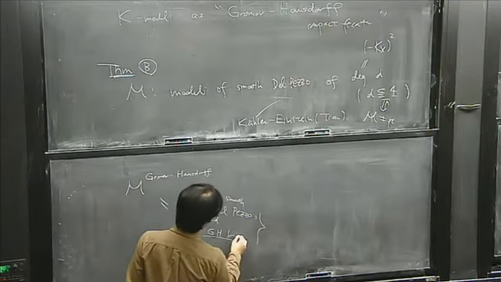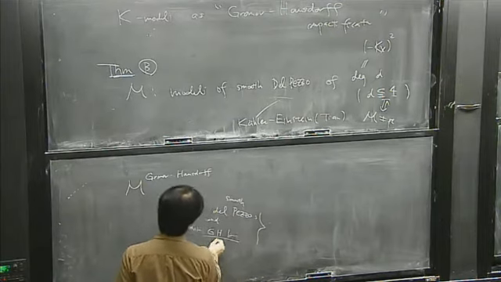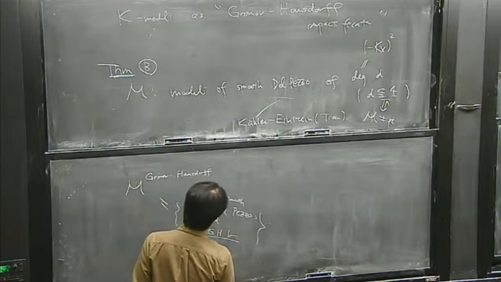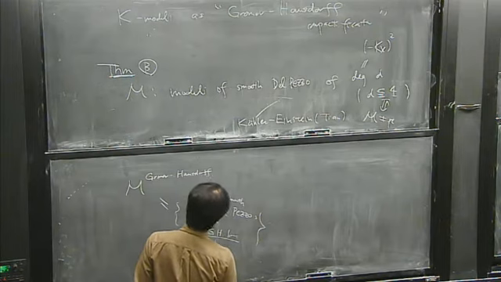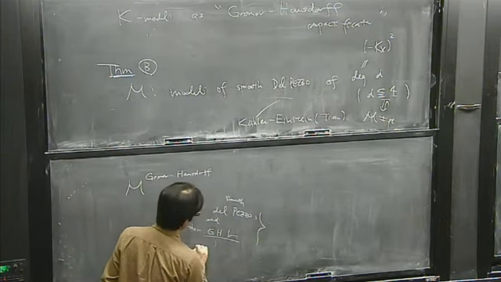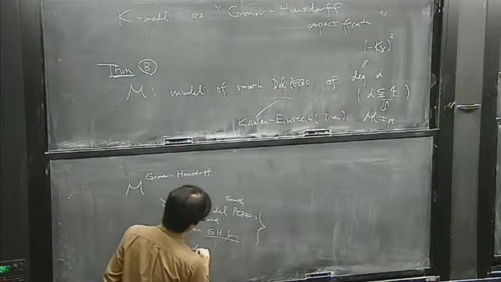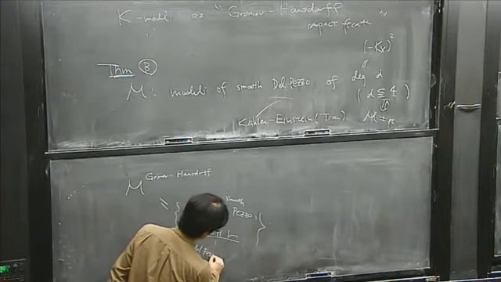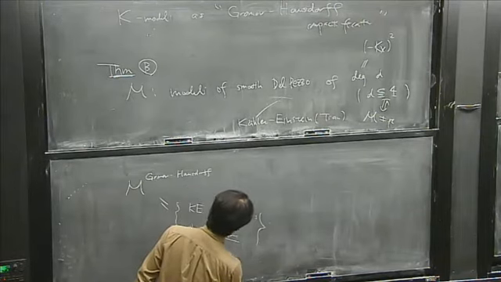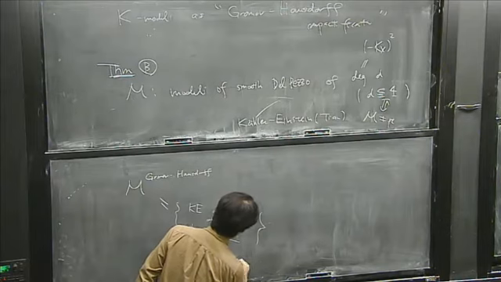A priori this is just a compact metric space, but it's known that this is actually a del Pezzo orbifold. This is quite a surprising thing.